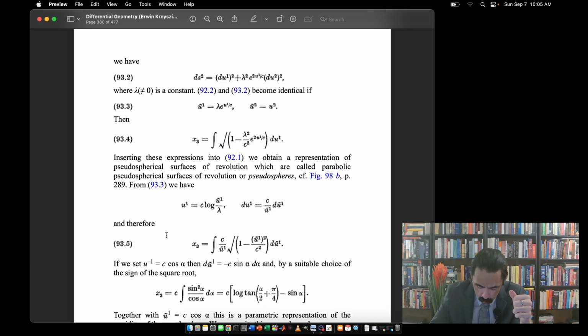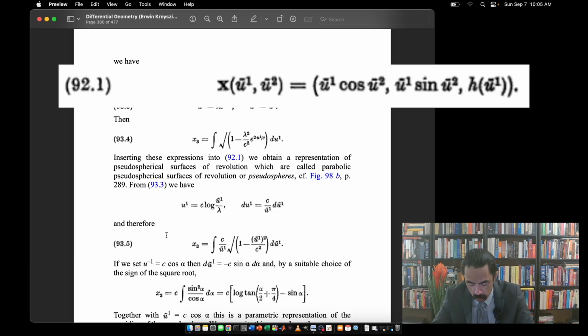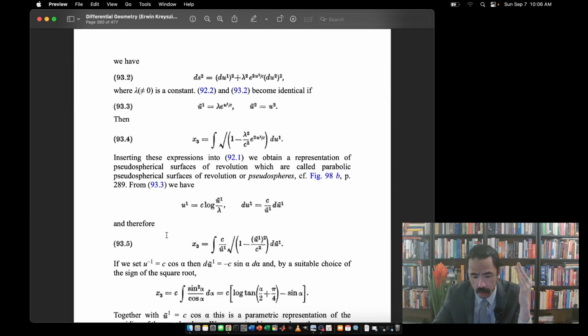Inserting these expressions into an expression from the previous section 92, the vector parametric representation of a spherical surface of revolution, x in terms of u1 bar and u2 bar, equal to three entries: u1 bar times cosine of u2 bar, then u1 bar times the sine of u2 bar, and the third and final entry is the function h in terms of u1 bar.